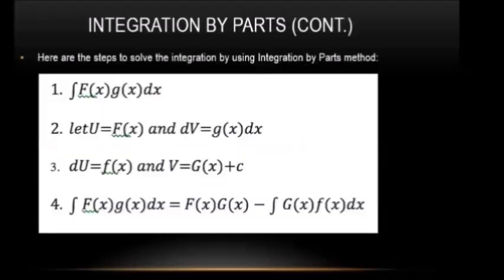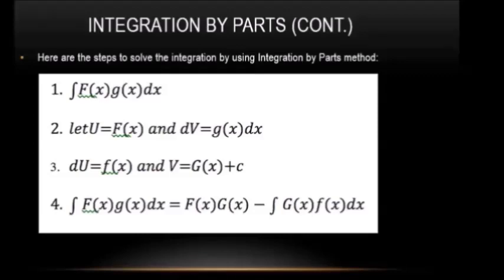Now it's important to have that very clear in your head because it will be used when doing integration by parts. If you have, as an example, the integration of f of x times g of x dx, we would then let u is equal to big F of x, and our dv value will be equal to little g of x dx.